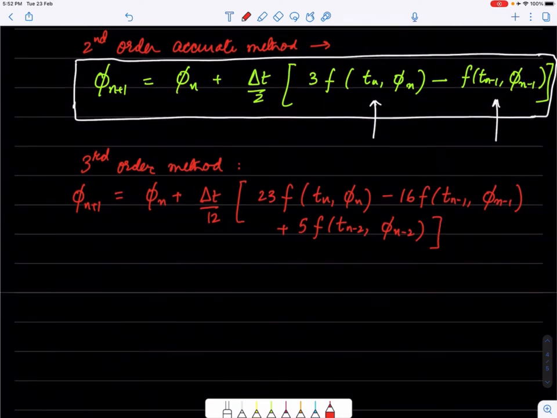So now we have a third order method because we have taken 2 points behind the current time instant, which is tn.